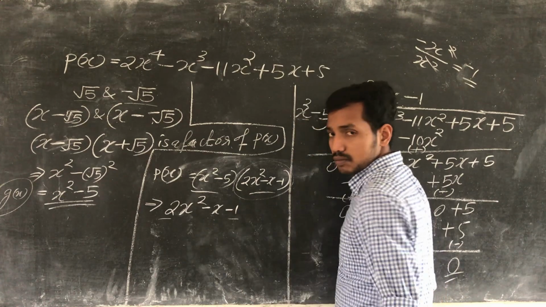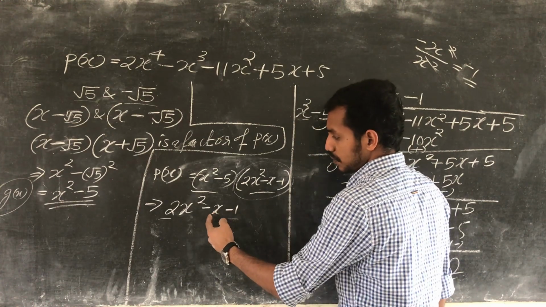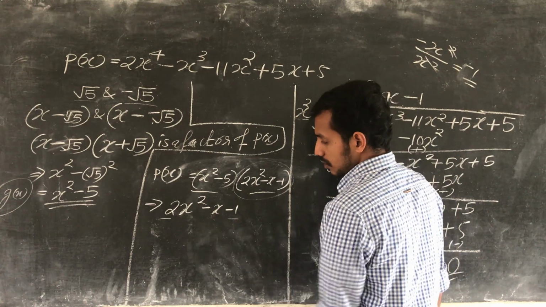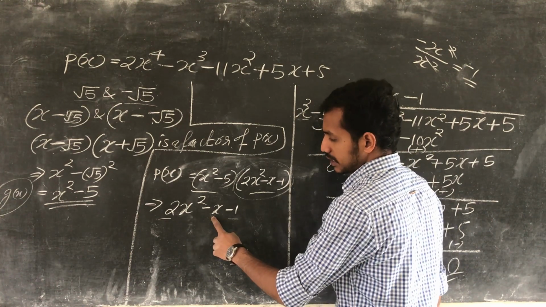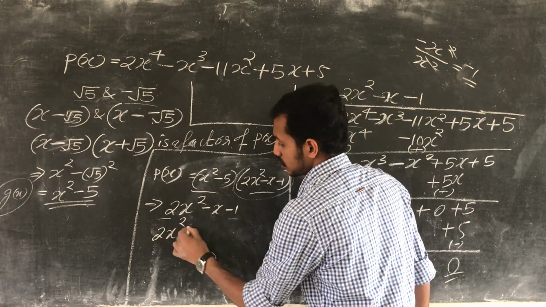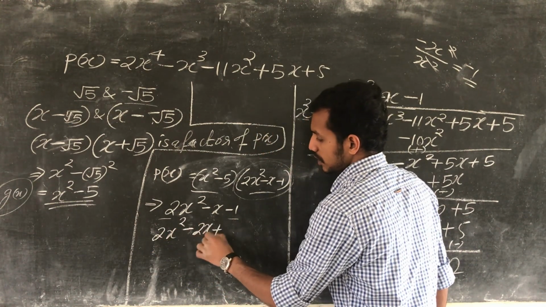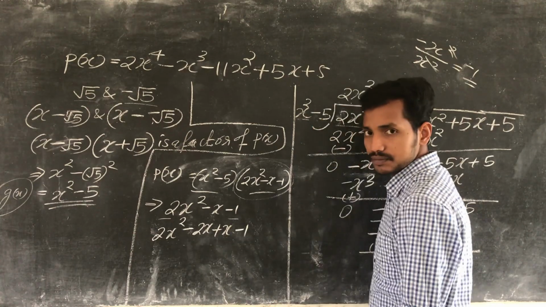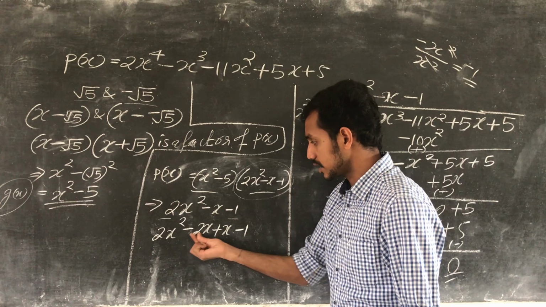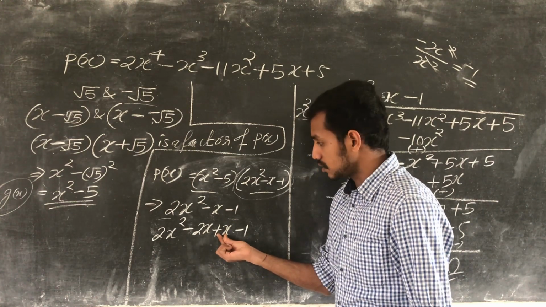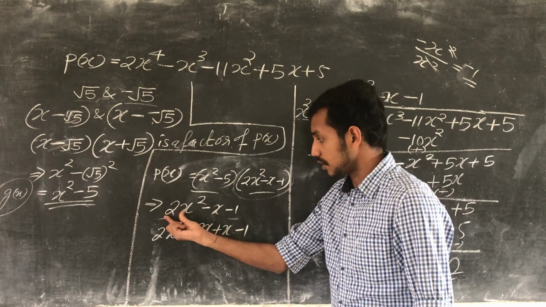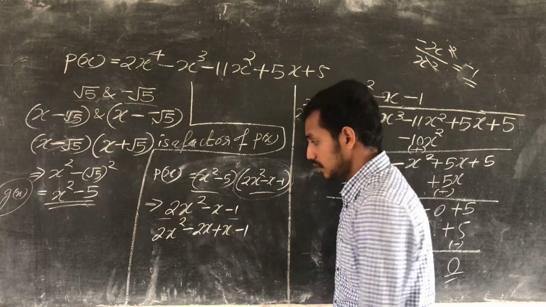2 into minus 1 is minus 2. So we can split the minus x as minus 2x plus x. 2x square minus 2x plus x minus 1. Clear? Minus 2x plus x is minus x, and minus 2x into plus x will be minus 2x square, which is the product of the first and last term.